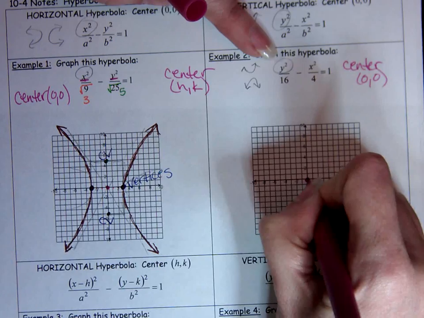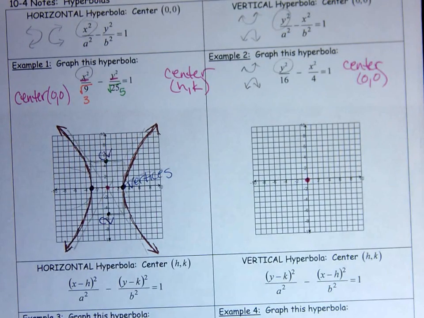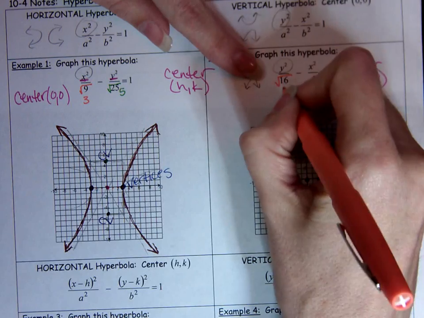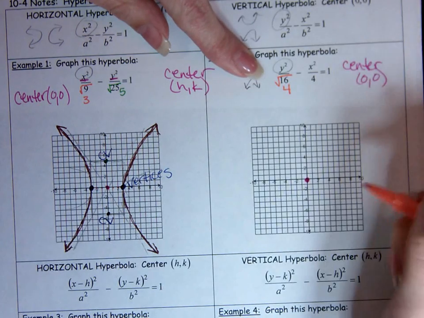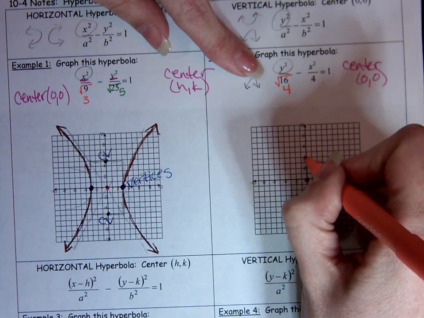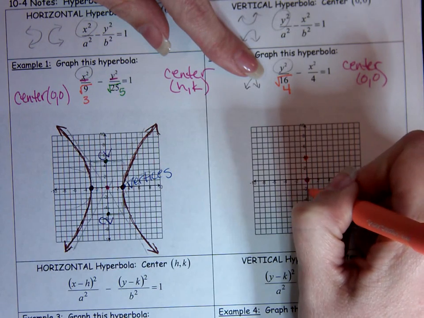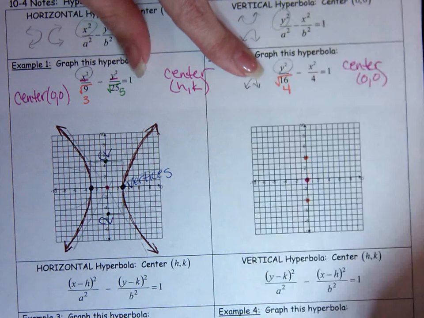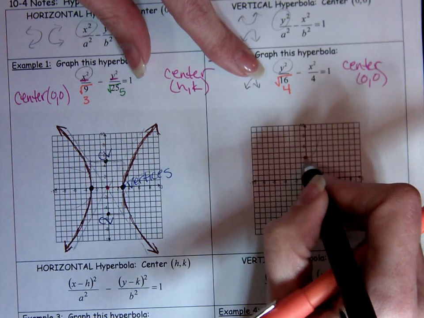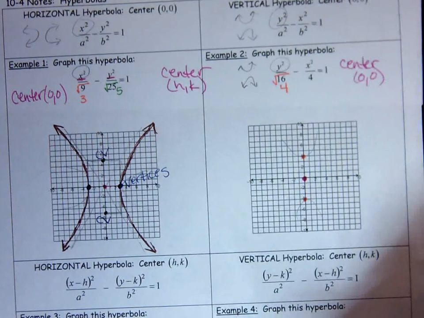Mark it. Our y squared this time is sitting over 16, so when we take the square root of 16, we're going to travel 4 units in the y direction. Okay, and I'm just going to lightly mark on here, these are the vertices of our curves, so we don't forget later on.